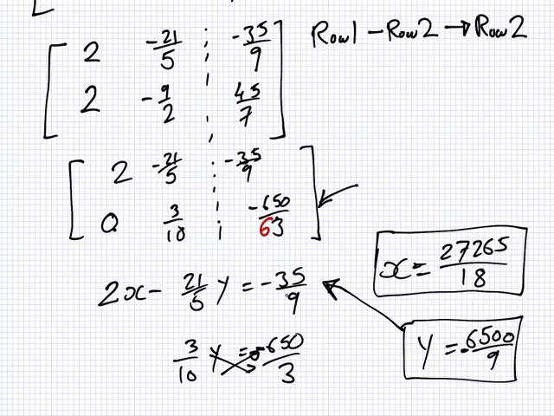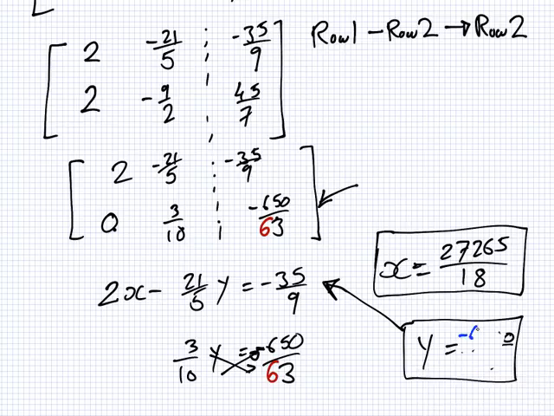So that should have been 63 here. Let's try again. Minus 650 divided by 63 times 10 divided by 3. Is the y minus 6500 over 189? Yes. Now it's correct, okay.